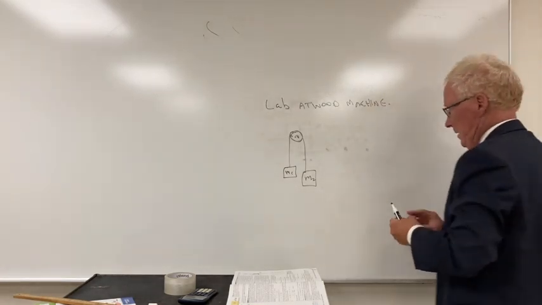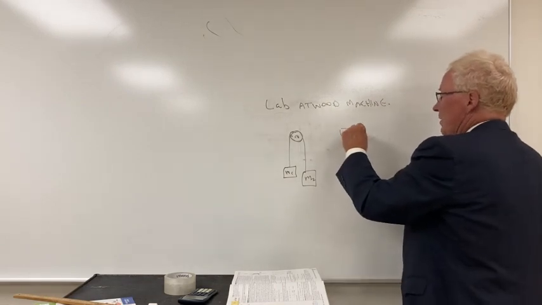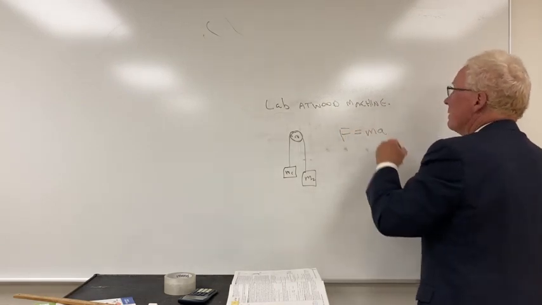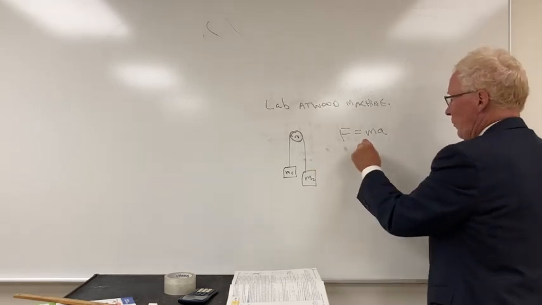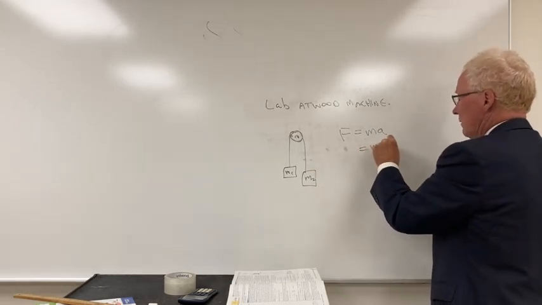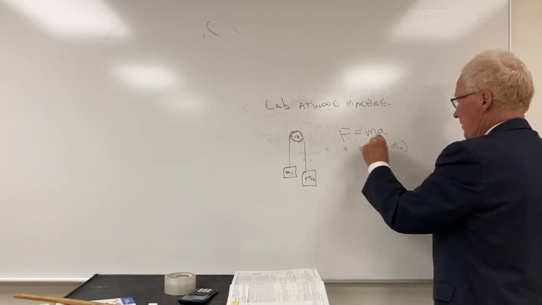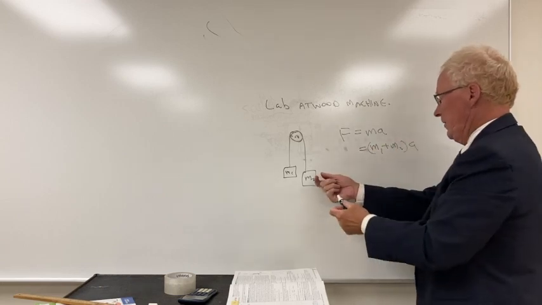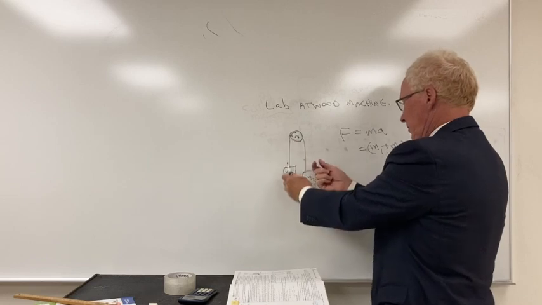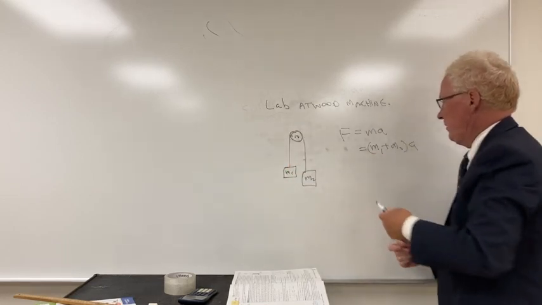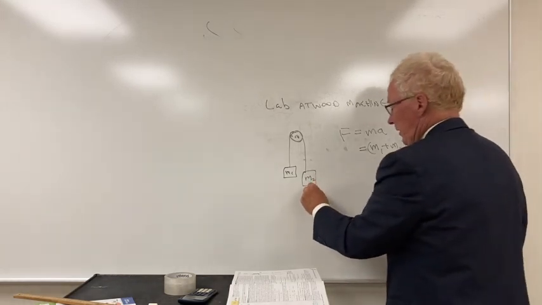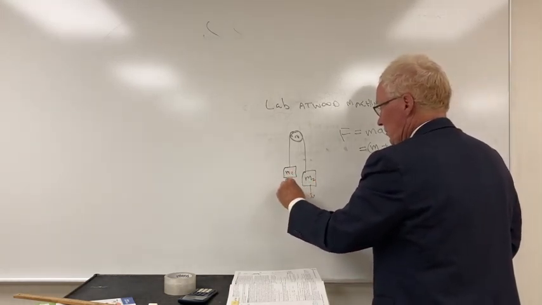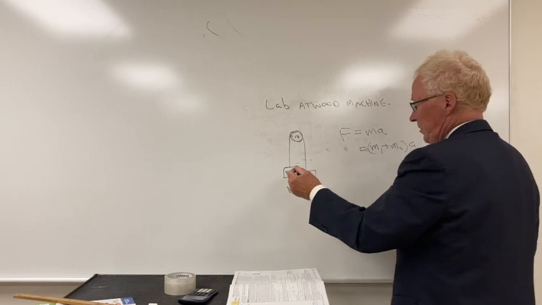All right, so we have F equals ma. In this case, we have both of them attached together. So when one accelerates down, the other accelerates up. They're connected together, so the acceleration is the same. Well, what's the force going to be? This one's pulling downwards and this one's pulling up, but they're opposing each other.